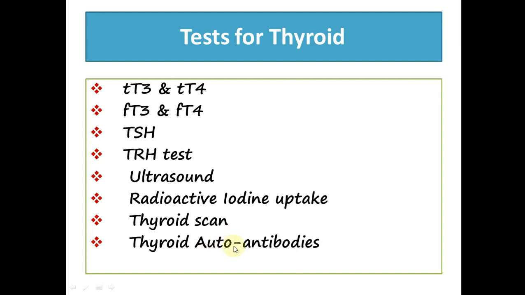Thyroid autoantibodies that are mostly seen in autoimmune diseases, for example, Hashimoto thyroiditis that cause the hypothyroidism and in which we search for the TPO or thyroid peroxidase antibodies, and at the other end, the Graves' disease, which causes hyperthyroidism and thyrotoxicosis, we search for the TSH stimulating antibodies.